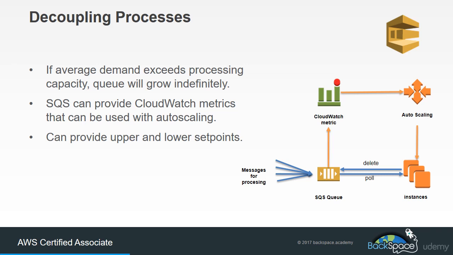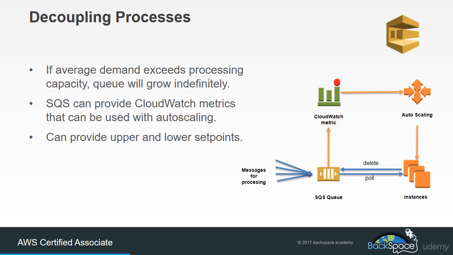SQS can provide CloudWatch metrics that can be used with auto scaling. That's a very important thing, because that will allow us to introduce elasticity that is linked to the size of our SQS queue.